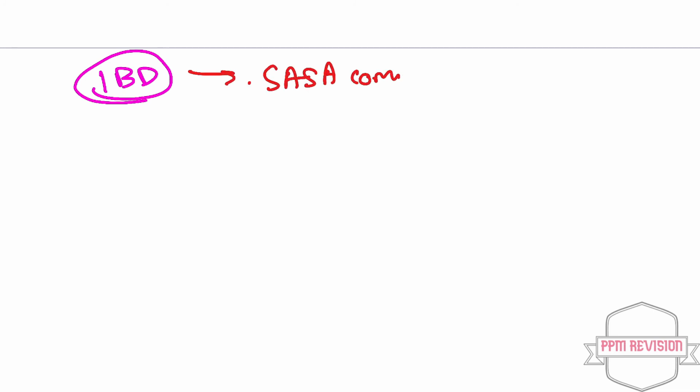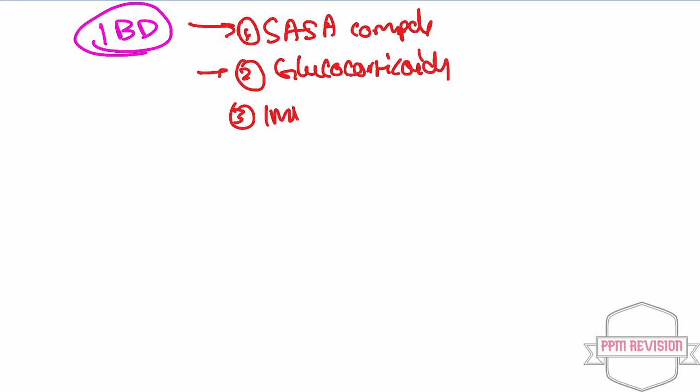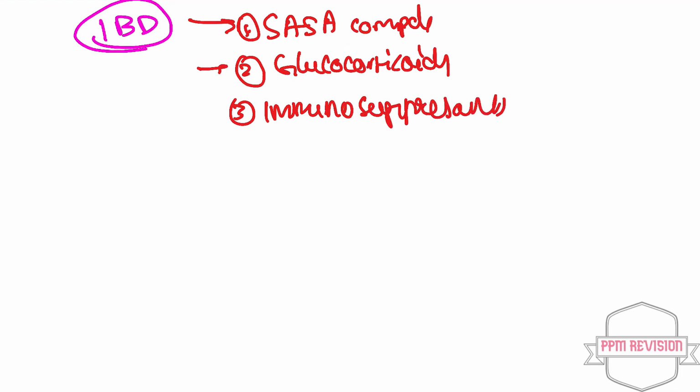Now let me just recap the topics we have covered under the inflammatory bowel disease. Under this we have seen 5 ASA compounds, 2 is glucocorticoids, third is immunosuppressants. Okay, now moving ahead, we'll be looking at the non-specific antidiarrheal drugs.